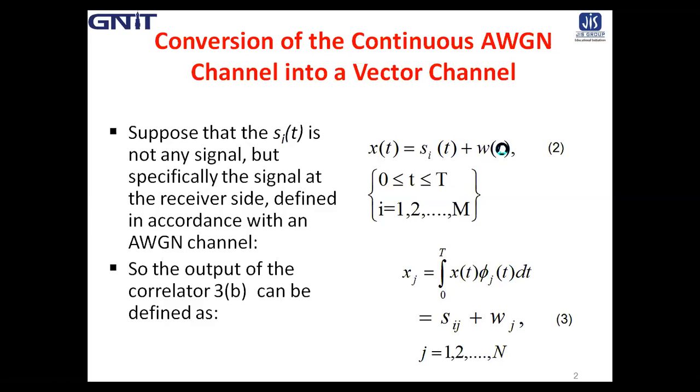Correspondingly, we find that the output of the correlator, say j, is the sample value of a random variable Xj, where Xj is equal to the integration from 0 to T of x(t) phi j(t) dt. So it is sij plus Wj.